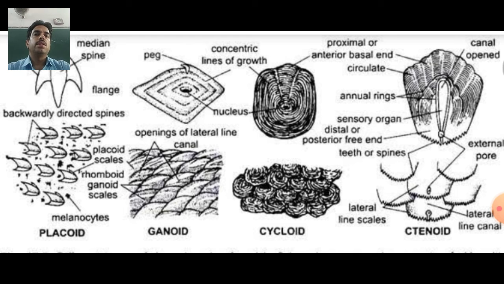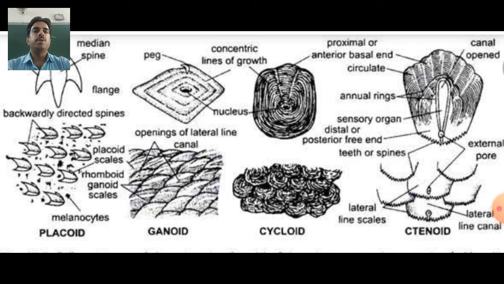So you can see in the first diagram the structure of a placoid scale with a median spine and a basal plate, and the spine is backwardly directed, which gives a sandpaper-like appearance to the skin with placoid scales.